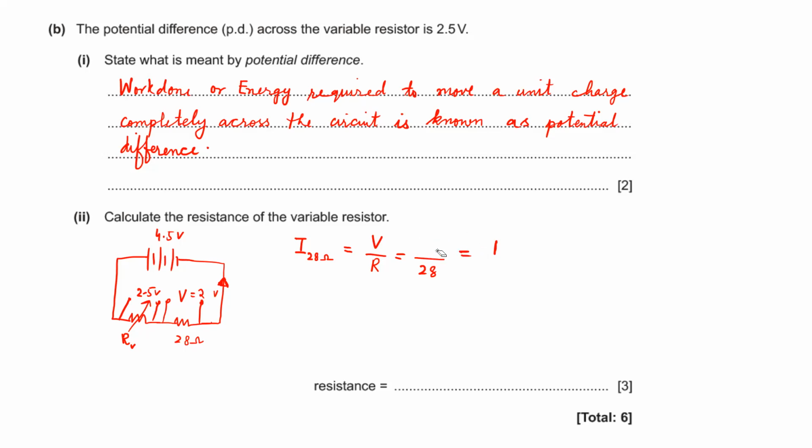So 2 volts divided by 28 is 1 by 14 amperes. So this is the current that is flowing through the whole circuit.